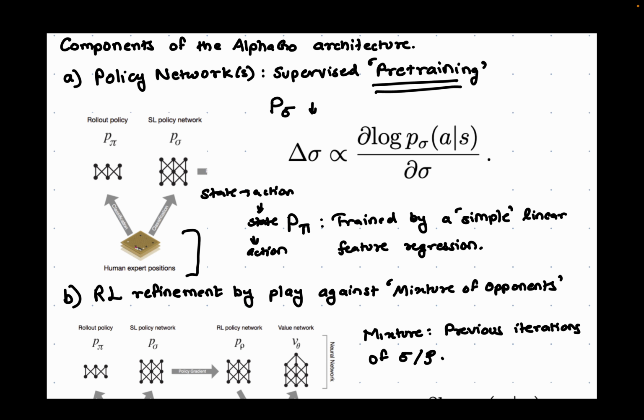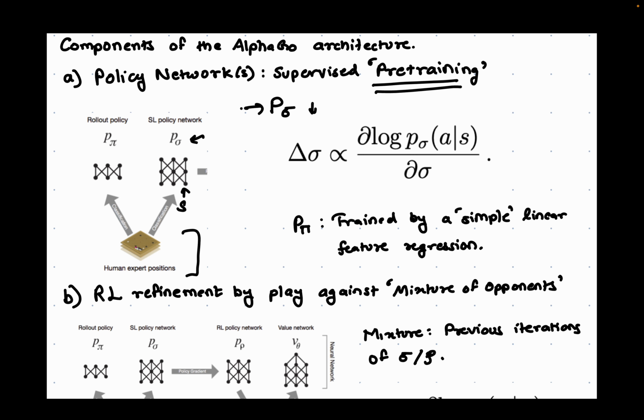So the training procedure for the supervised learned policy network P sigma is actually quite simple. What you do is you take a network, input a state S. From your data, you calculate the probability that a human expert would play a certain move, and you try to match that probability with your P sigma.